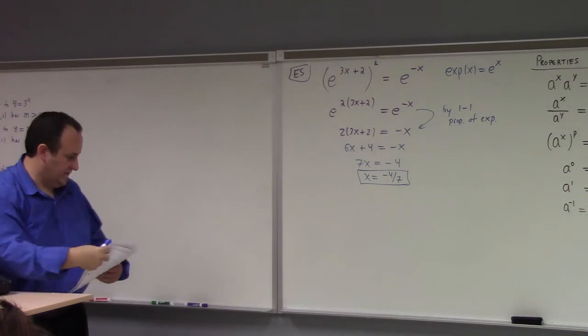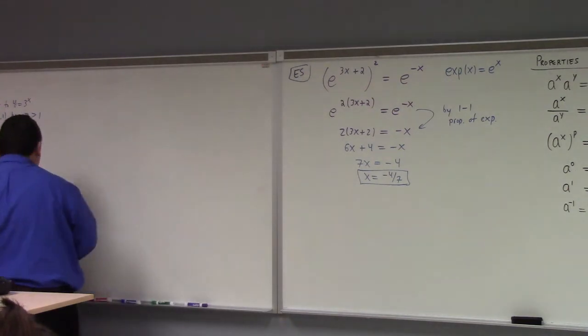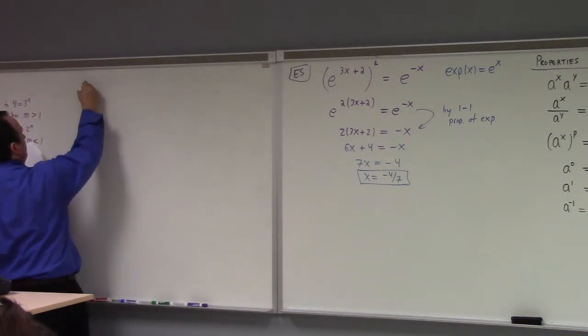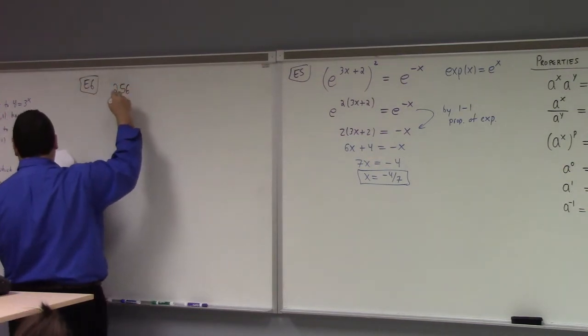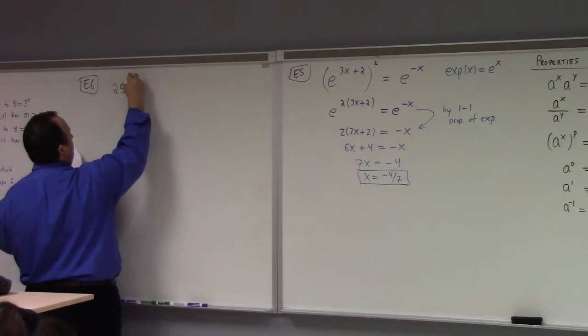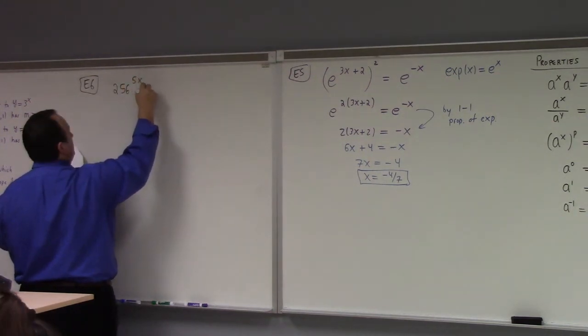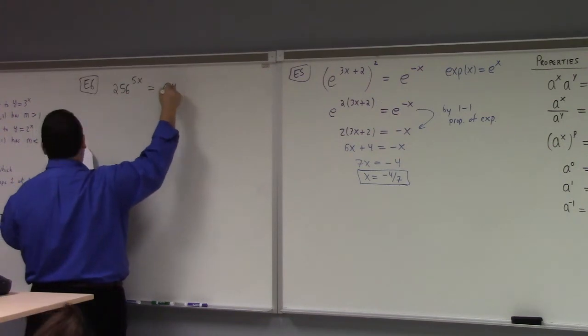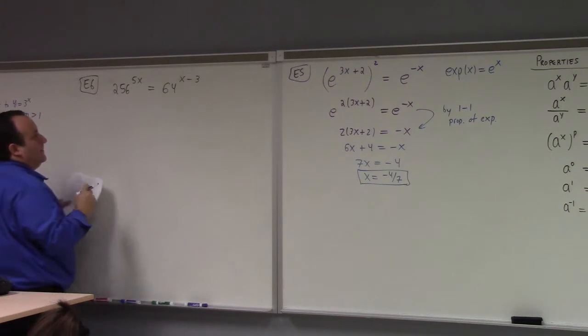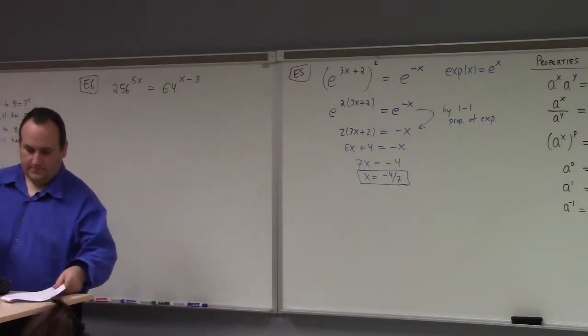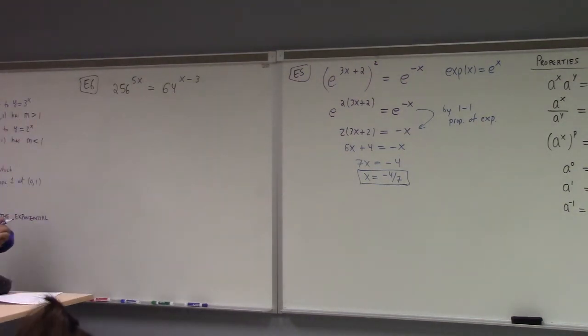Let's solve 256 to the 5x equals 64 to the x minus 3. Can we solve this?